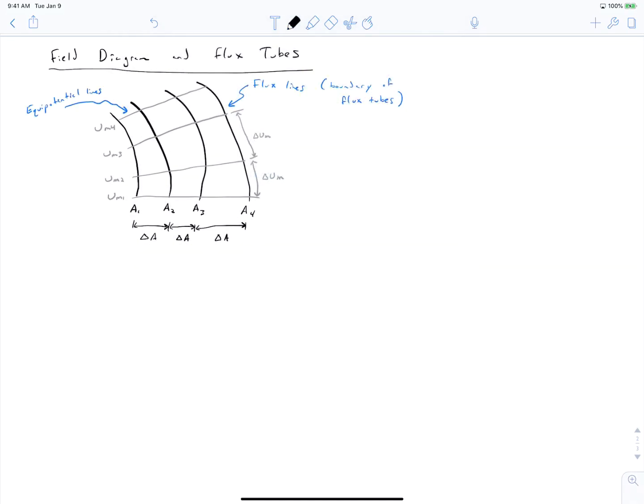If you recall, we previously derived how you can calculate flux through a flux tube, or between these magnetic flux lines. And we had two options. One, we evaluate the integral of B dot dA, and if B is constant, we can say it's B times our area. Or we can evaluate it in terms of the vector potential: the vector potential difference between the two lines times the length into the page.